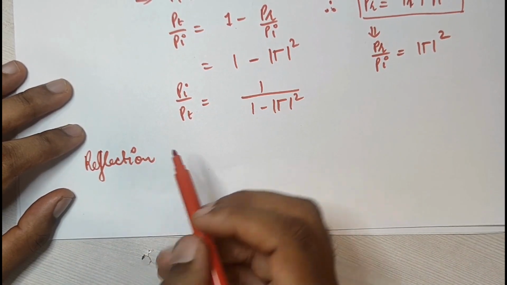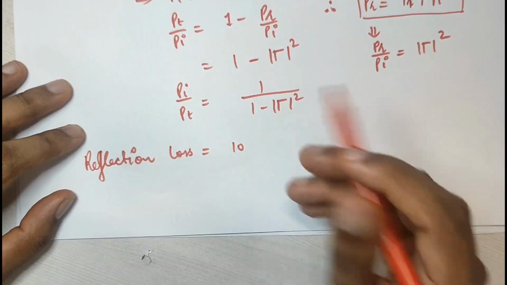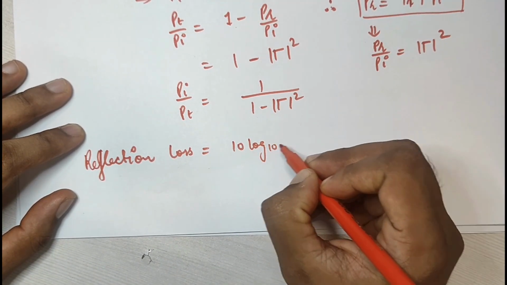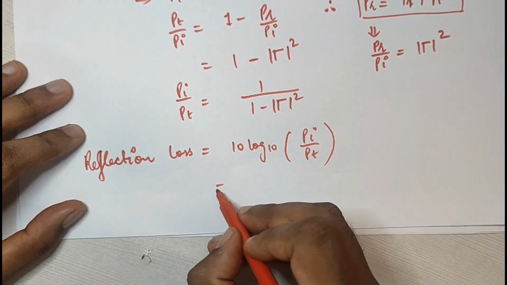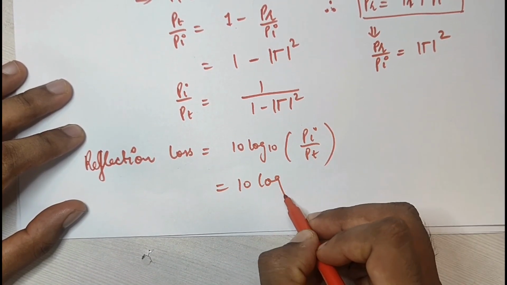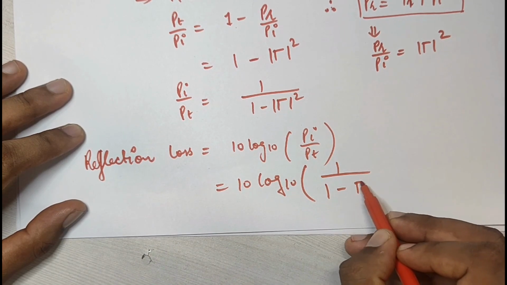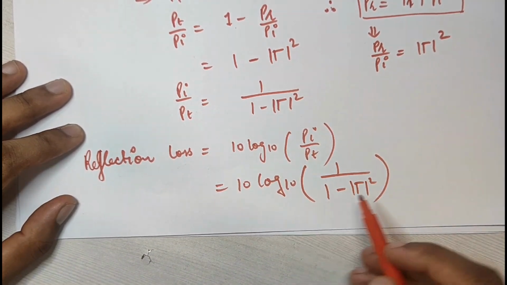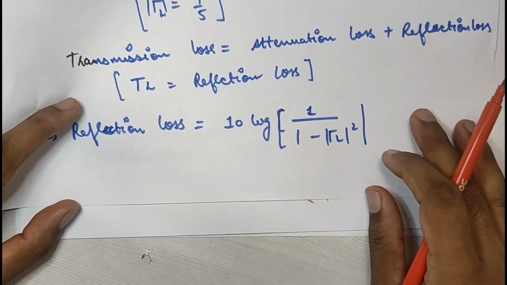Now we know that reflection loss is equal to 10 log base 10 of Pi by PT. We just substitute: 10 log 1 upon 1 minus gamma square. That is nothing but this formula, right?